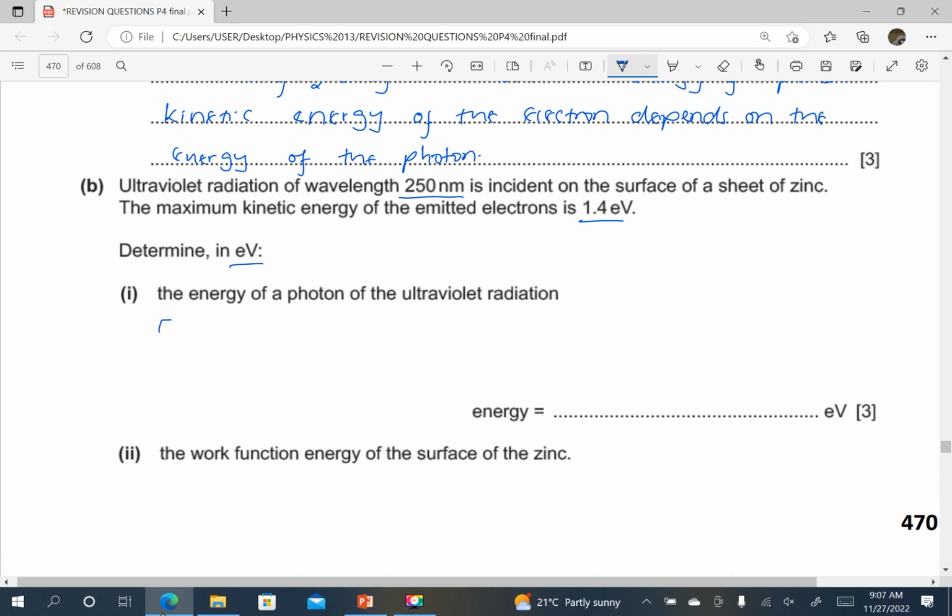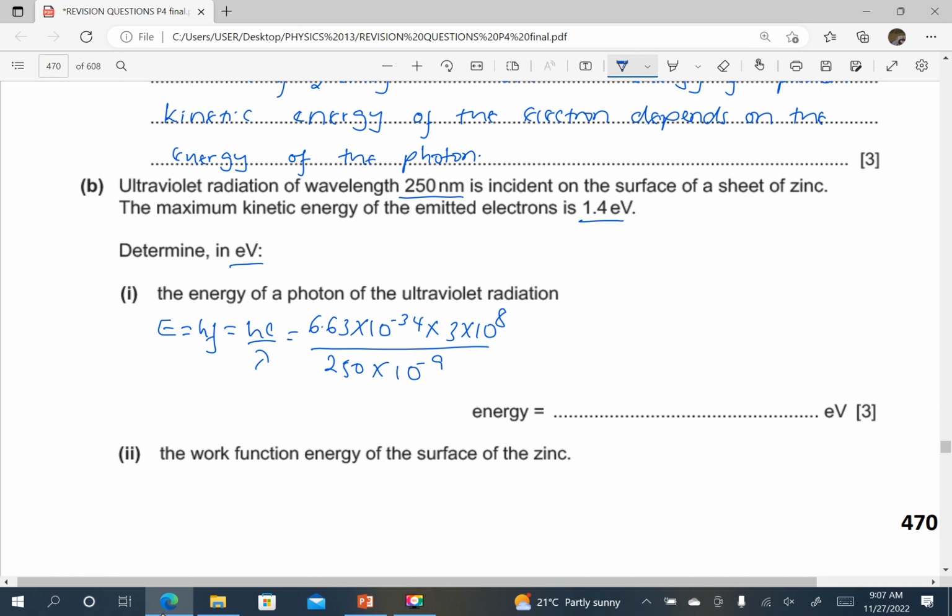So the energy of a photon is equal to hf, which is the same as hc divided by lambda, where h is 6.63 times 10 power negative 34, times c, which is 3 times 10 power 8, divided by the wavelength, which is 250 times 10 power negative 9.